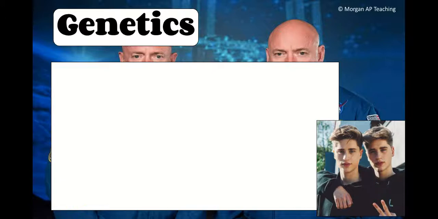Identical twins are genetically identical, almost, and fraternal twins are just like siblings. They have the same genetics as siblings. So we've seen these identical twins have similar personalities, have similar preferences. And I'll show you a video of a TED Talk about this topic. That's really interesting, one of the lead researchers in this.